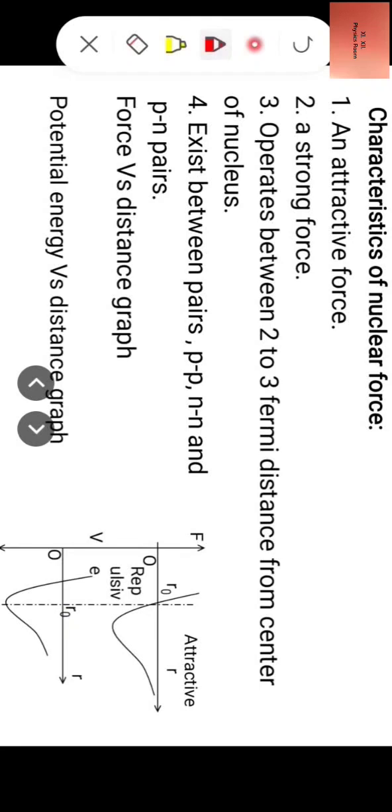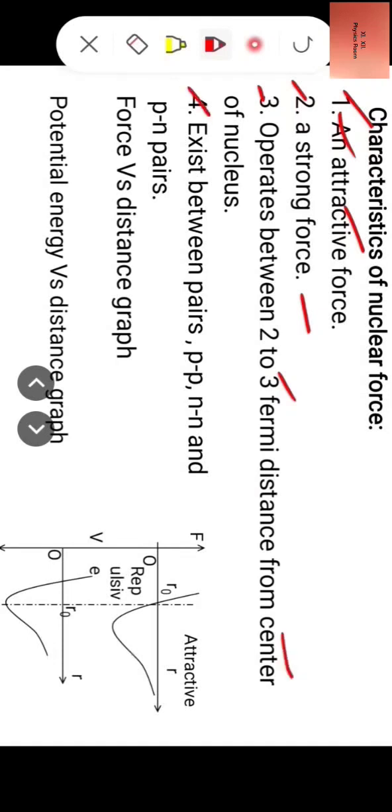Now, characteristics of nuclear force. First, it is an attractive force. Second, it is a strong force. Third, it operates between 2 to 3 Fermi distance from center of nucleus, that is, it is a short range force.